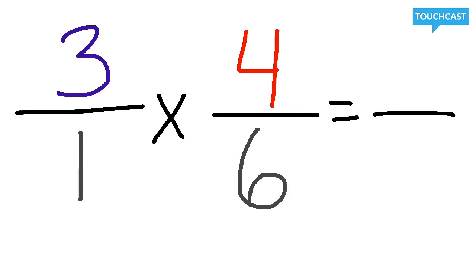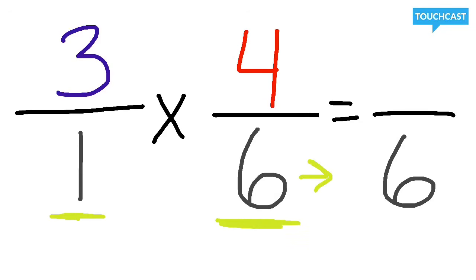So, when I multiply 1 times 6, the answer that I'm going to get is still 6. Because I multiplied this 1 by this 6, and it gave me 6. This also makes sure that my denominator stays the same, which we've talked about so much, keeping that denominator the same.